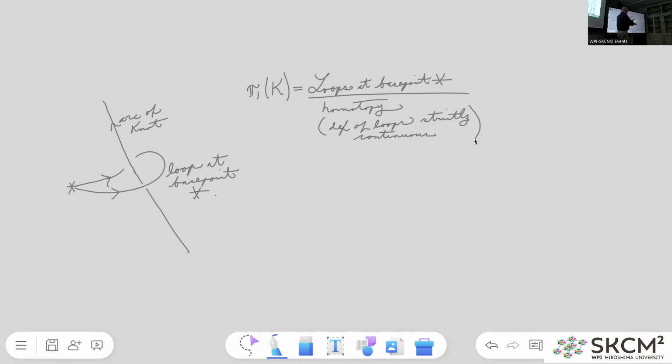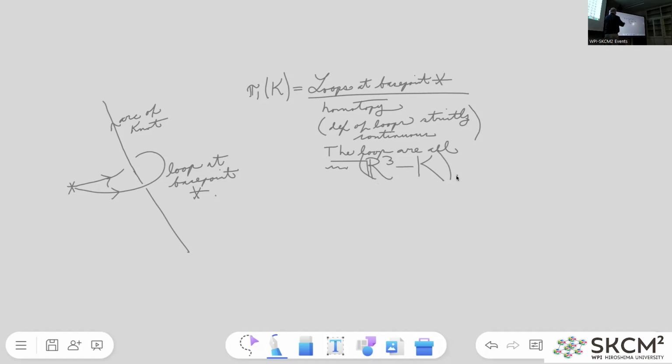A loop can go through itself if it wants to. It can go through another loop in time. You're just going to see a loop moving along in time. But these loops are all in R3, if the knot is in R3, minus the knot.